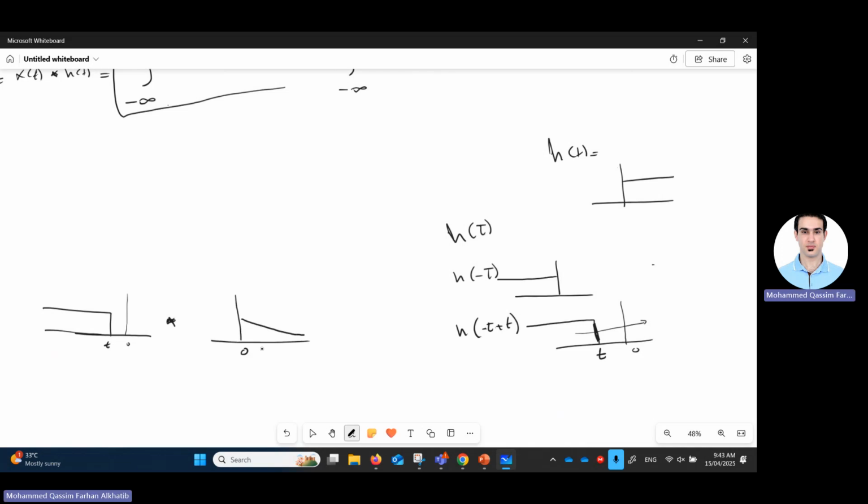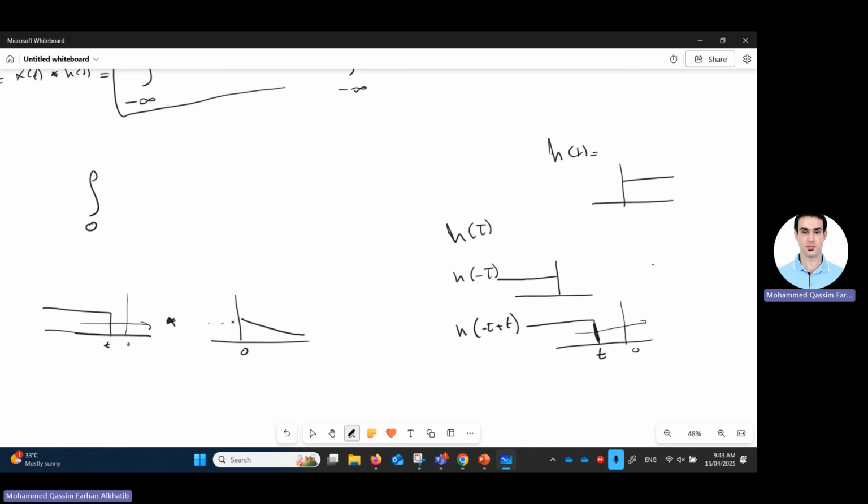This point in time is 0, and this one is like a moving train that goes all the way to the right. So the first overlap happens when t equals 0, so my integration starts from 0.